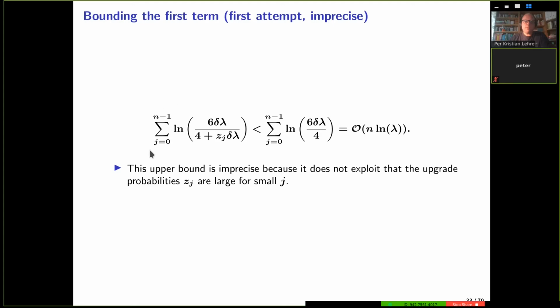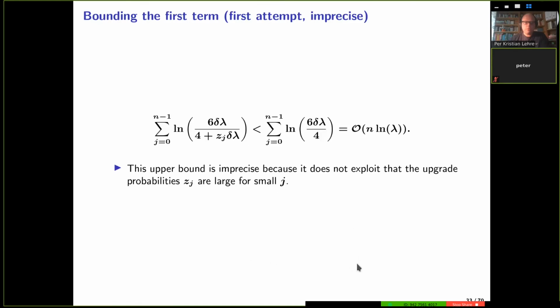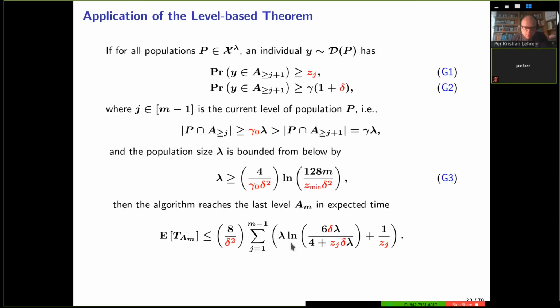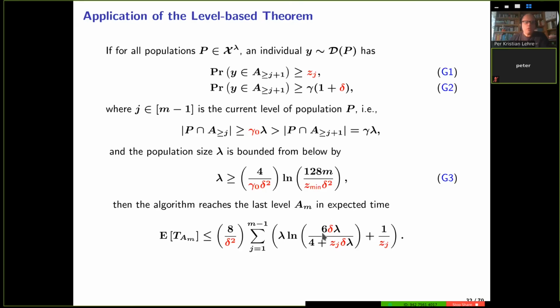So in my case now, if you look at this part of the expression, we ignore lambda first. So let me see, we have lambda outside. Okay, so let's look at this summation here with respect to just these log terms.